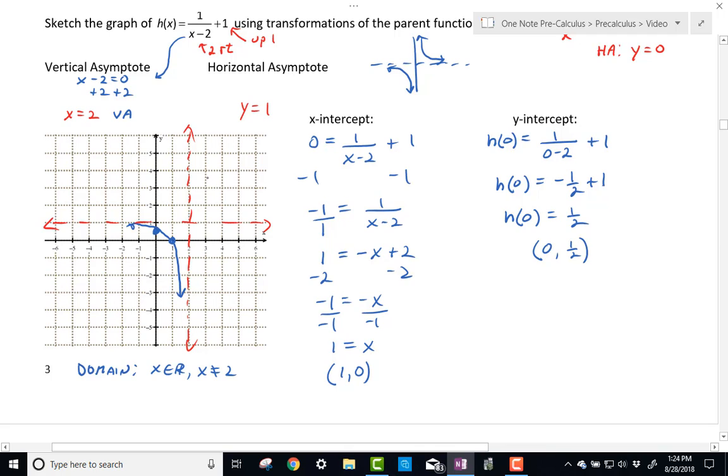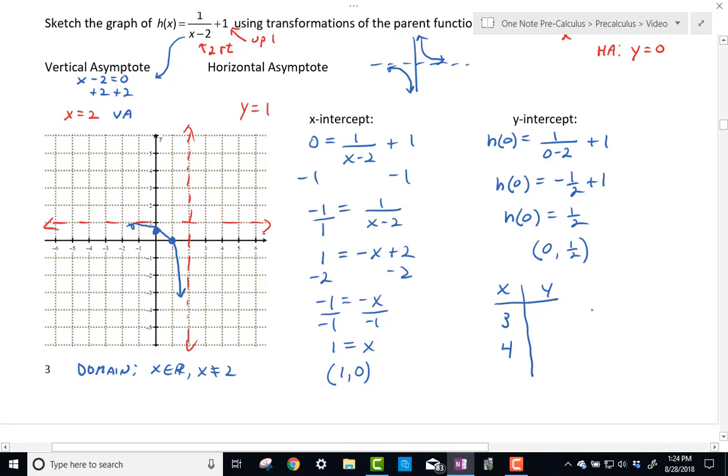And I'm supposed to have a curve on the upper right. Maybe I don't know where the points go on the upper right though. So one of the things I can do is create a little t-table, x and y. And I only need a couple of points, so I'm going to go to my asymptote. I know that at x equals 2 I'm undefined, so I'm going to go out to 3 and 4. And I'm going to plug those into my function.